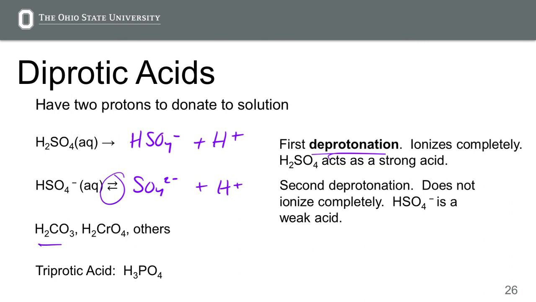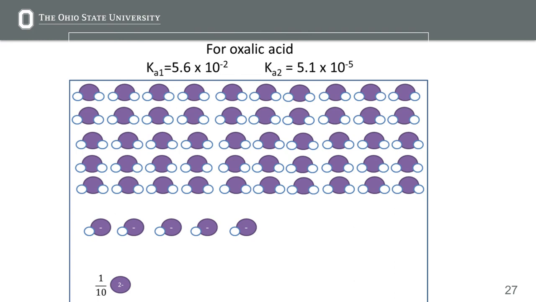We have carbonic acid, H2CO3, and H2CrO4. There are many other diprotic acids. Triprotic acids, phosphoric acid is a common one that you may even use in lab for various things. Oxalic acid is another weak acid that is diprotic.